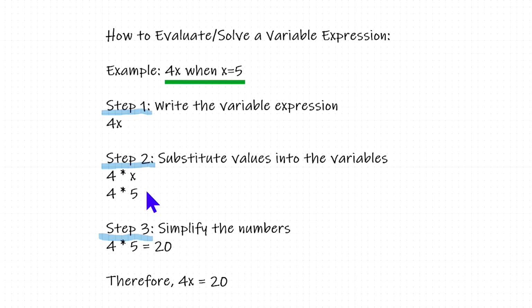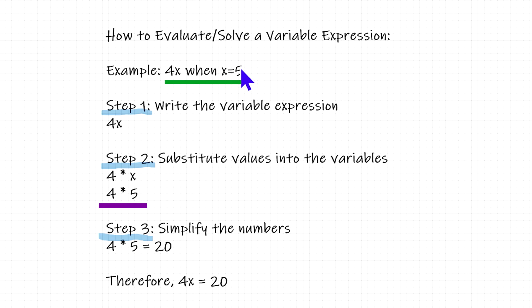But the first step to find what the value of 4x is when x equals 5, is write the variable equation. So you just write 4x, and then you substitute values into the variables. So in this case, you can substitute 5 into x. So that just becomes 4 times 5. Because the original was 4 times x, but x equals 5, so it's 4 times 5.